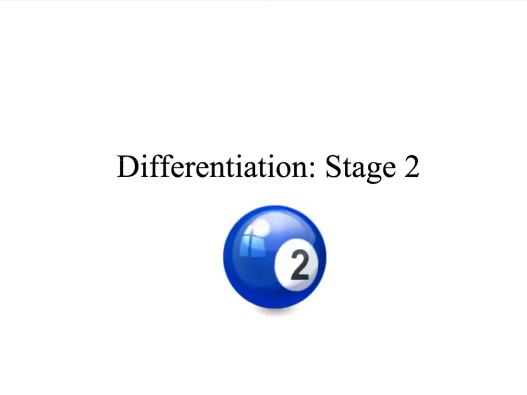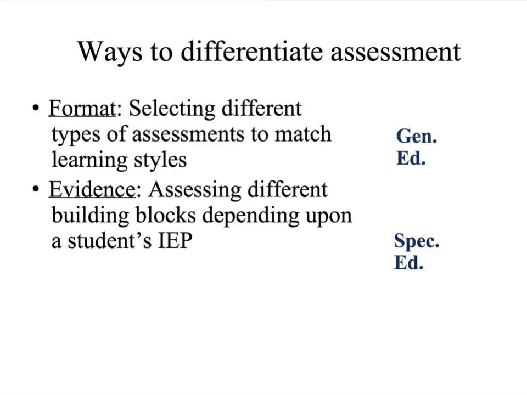All right, so let's focus now specifically on differentiation techniques for stage 2 in the unit design process, and that means we're going to be focusing on how you gather evidence of student mastery. So there really are two major ways to differentiate in phase 2, or in the assessment phase.